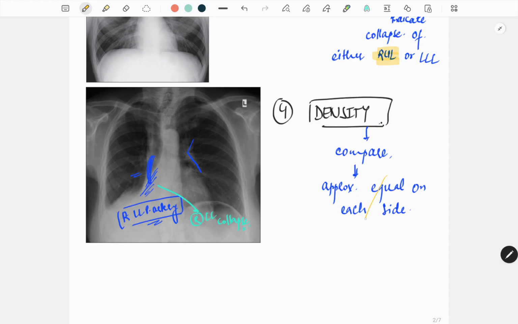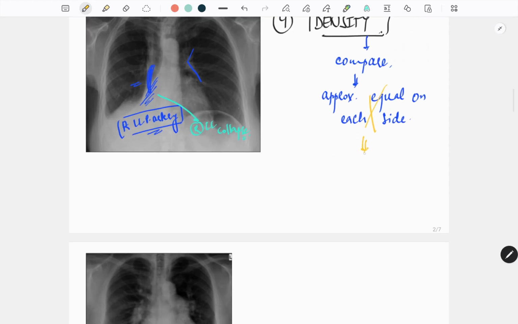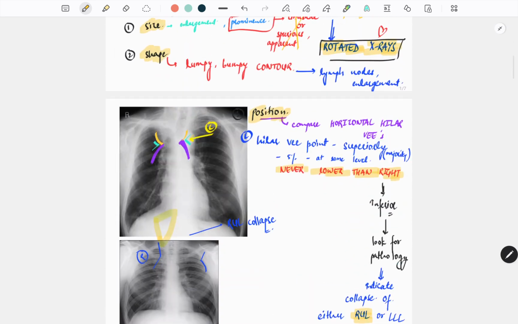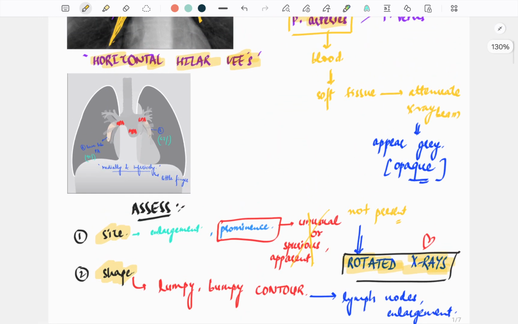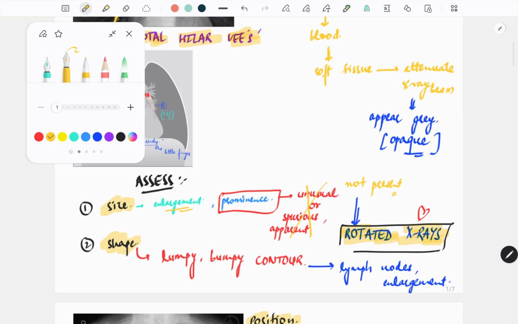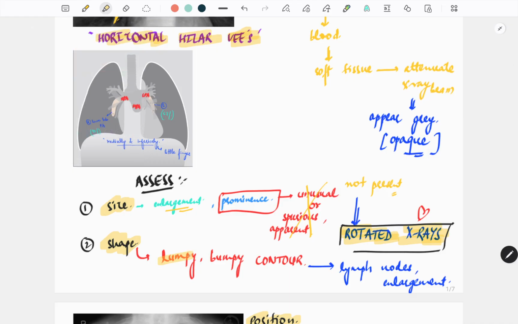If this is not the case, this will indicate either a hilar mass or a lesion. Whenever the hilar size is enlarged, we should look for the shape. If it is lumpy bumpy, it will indicate lymph nodal enlargement.